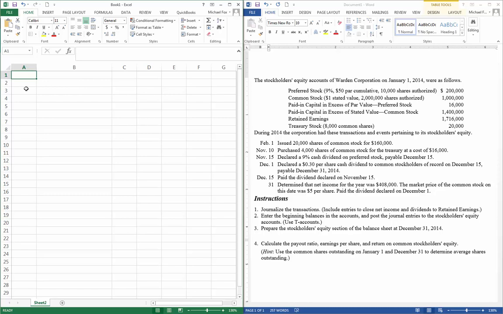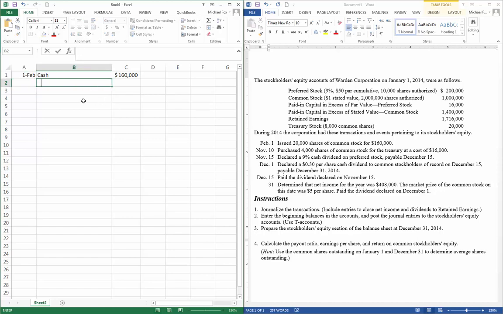So February 1st, we had cash, which is going to go up by $160,000. In the other problem, they gave dollars per share and you had to multiply it out. Here it tells you how much cash they bring in, $160,000. And then we'll have common stock.